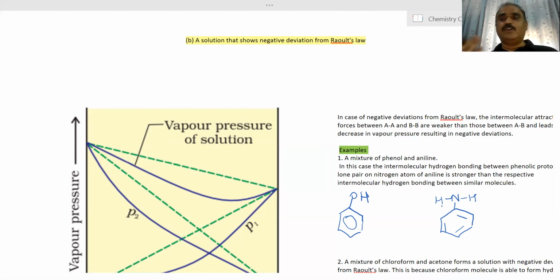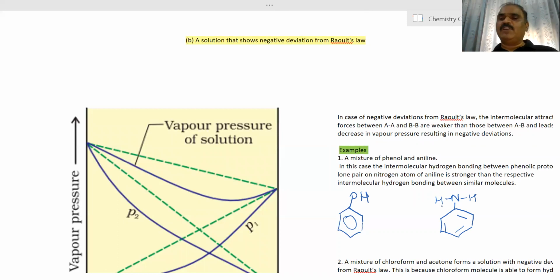After that, oxygen. After that, nitrogen. So these three are the most electronegative atoms. Electronegativity of all other atoms is lesser than these, and those are not capable of forming H bonding. That is why the H atom present on either fluorine or oxygen or nitrogen is called acidic H. Only it can form H bonding.